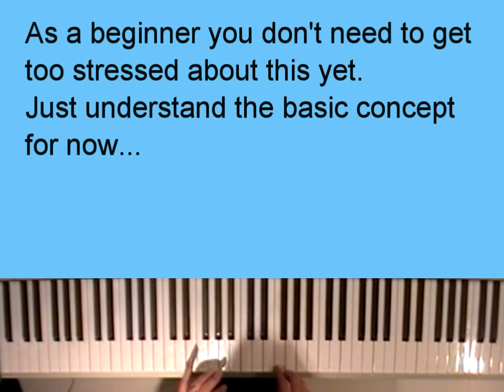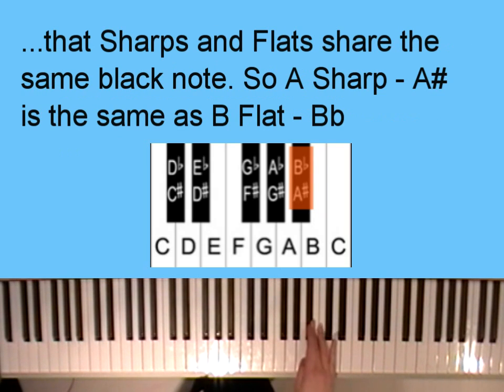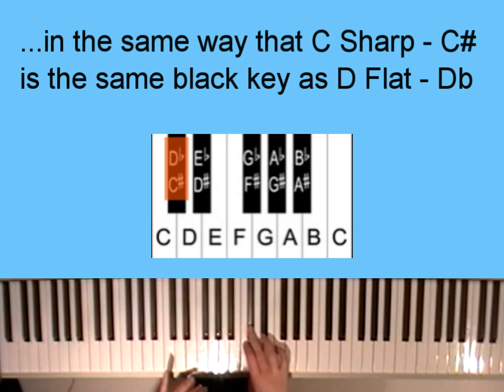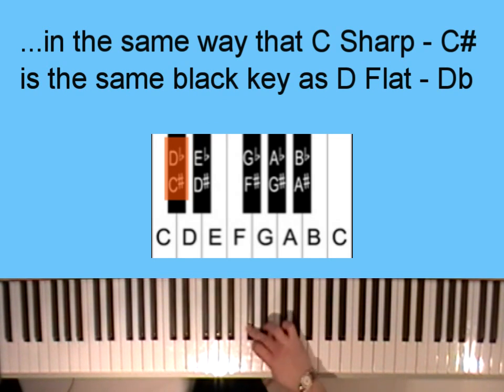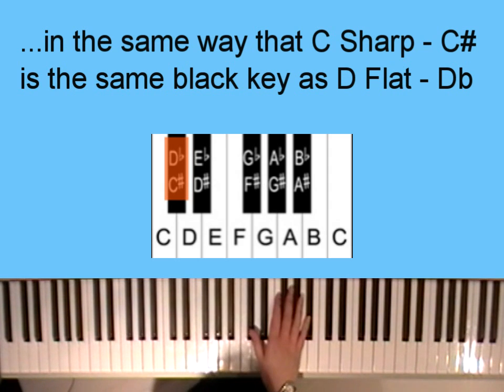So, for example, B flat will be the same as A sharp, but it just depends which key it's written in and which direction the note is going up the piano. Another example for you, C sharp is the same as D flat. Just to help you a little bit more with that.